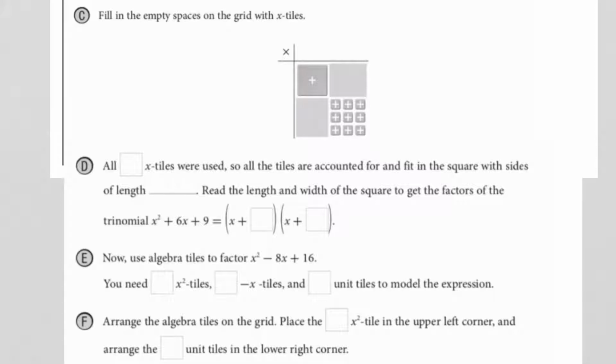So in part C of the notes, I have to fill in this empty space, right? And I have essentially 6 of these things, and they would fit in like so. I think this way, and this way.